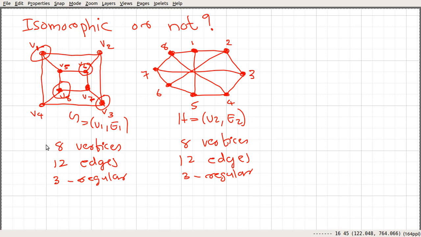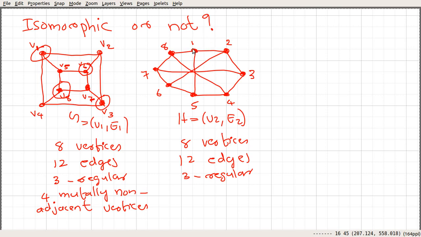So in G we have four mutually non-adjacent vertices. Let's try to see whether we can find such a set here. If we are not able to find four mutually non-adjacent vertices here, then definitely these two graphs are non-isomorphic.